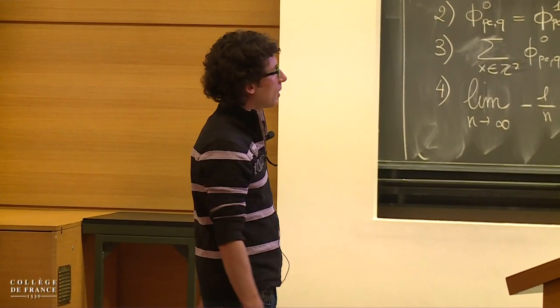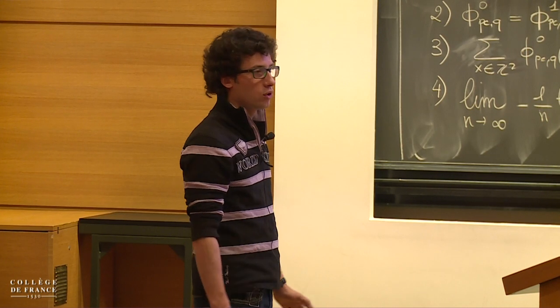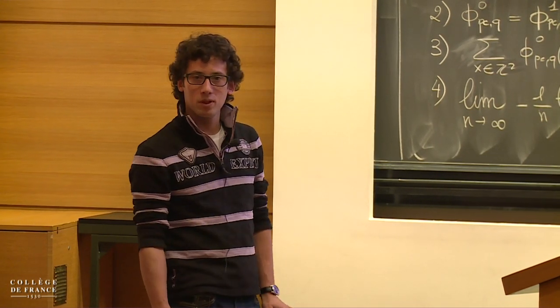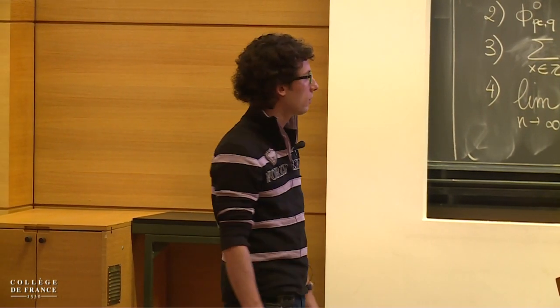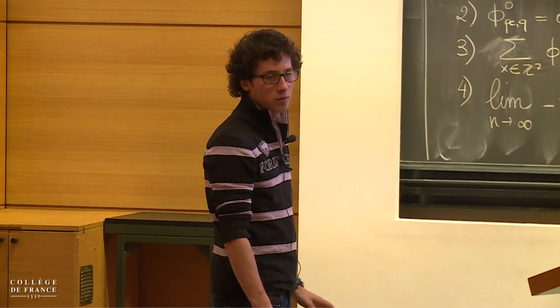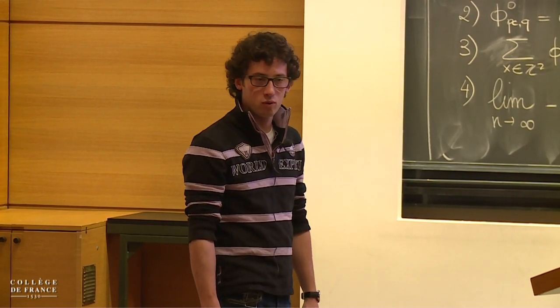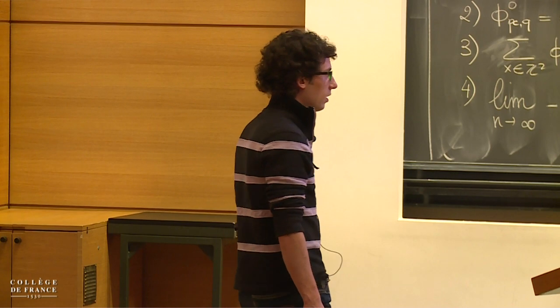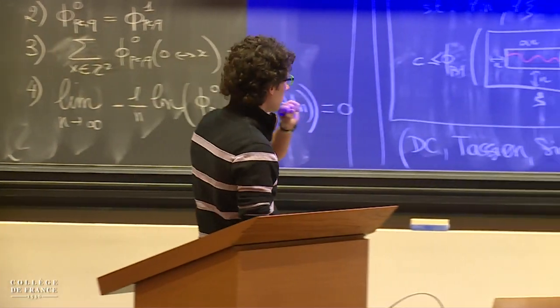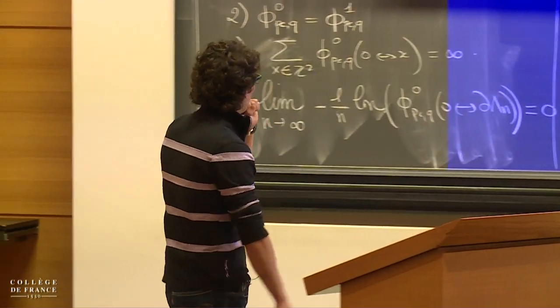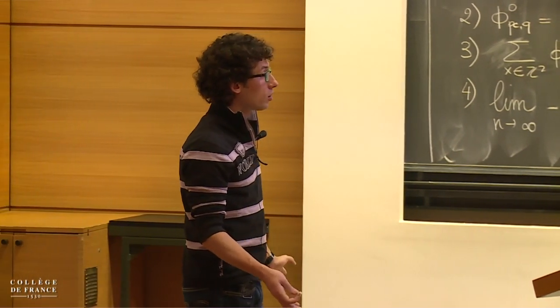I'm stretching a little bit because we have additional difficulties. We don't really manage to do it, but probably in finite time we will manage to have the same understanding. That's really the main tool. Okay, so this is our theorem. And that's the end about the random cluster model.